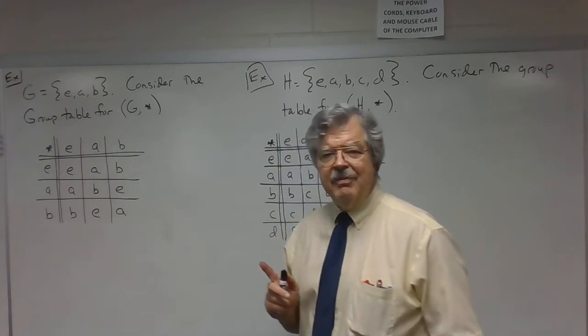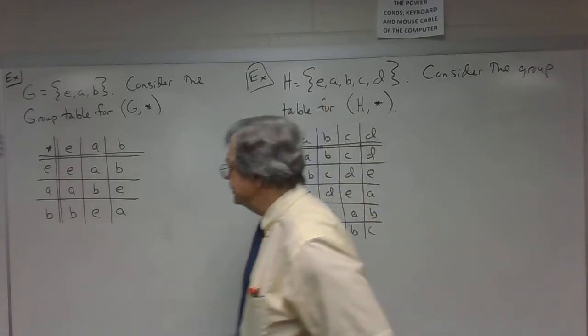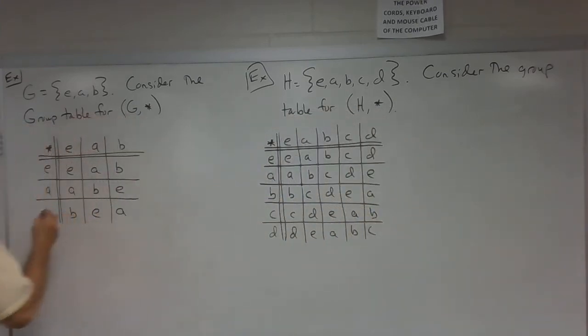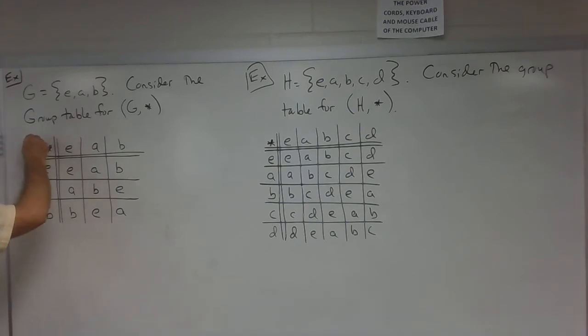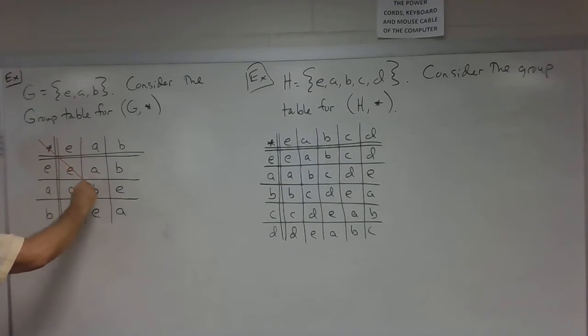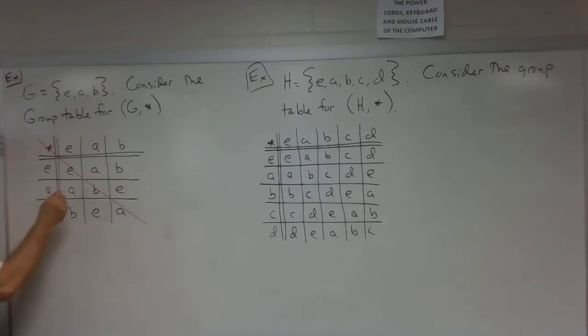Let's look at a case where we have a group of three elements. Here's the main diagonal. And let's look at pairs of elements. Elements with their mirror image. Okay, they're the same.